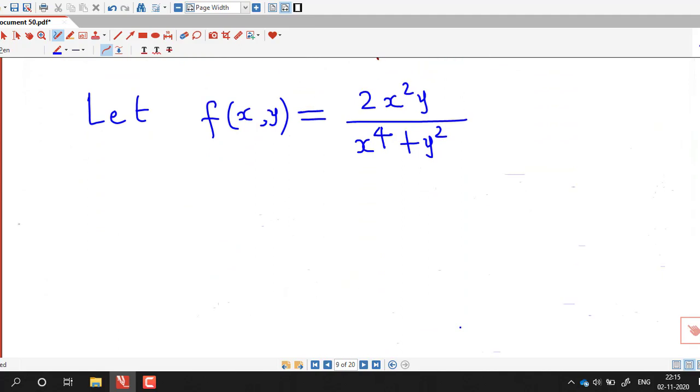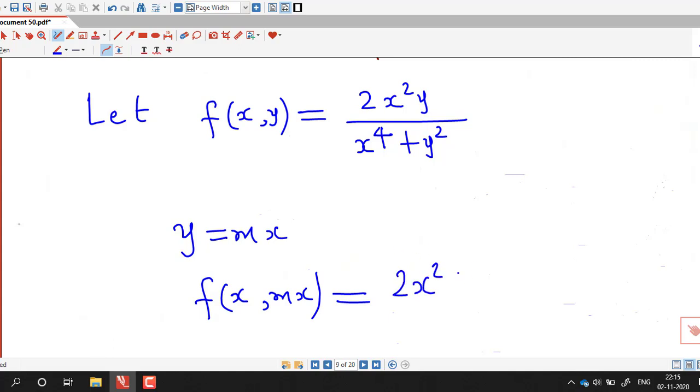So we try along different paths. Suppose I take y equal to mx. If I put y equal to mx, first we will check roughly whether we are getting the same limits or whether the limit depends on m. So I will have x raised to 4 plus y square, that is, m square x square.